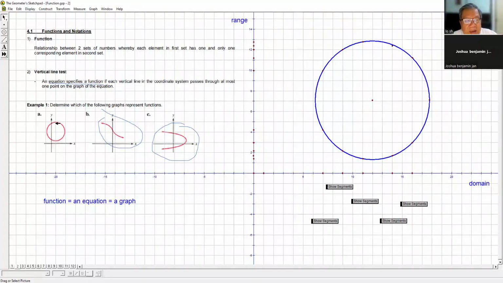Now this type of graph, a circle, actually it can be represented by an equation. You know how the equation looks like.